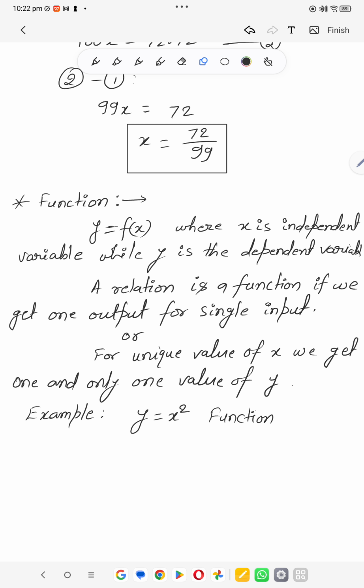But if we look at x square plus y square equals 1, then it is not a function.